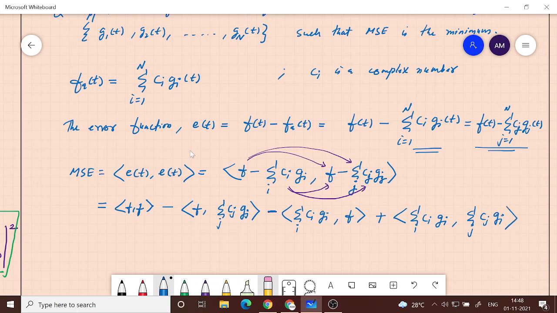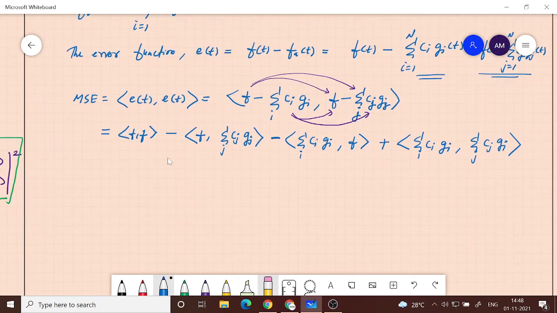Just like the previous case, except here we have sigma, and therefore the second and third terms basically have n inner products there. We can expand it as n inner products using the property of inner products that we have discussed in the first part of the class. And the last term has basically n square inner products.